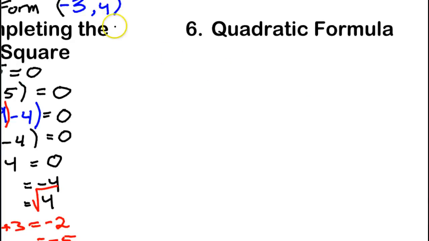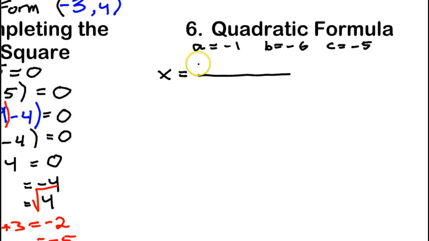All right. One more time. A equals negative 1, B equals negative 6, C equals negative 5, and plug it all in. I recommend we use the skeleton, so draw some empty parentheses for every parameter that we're plugging in.